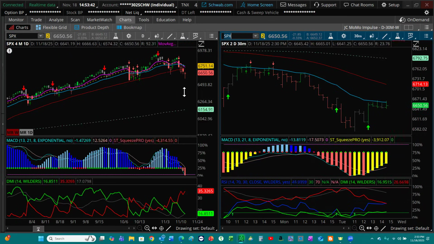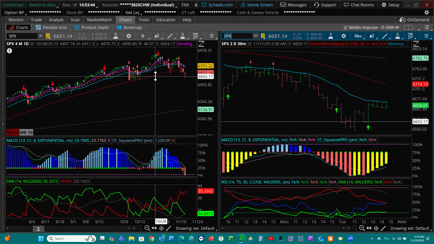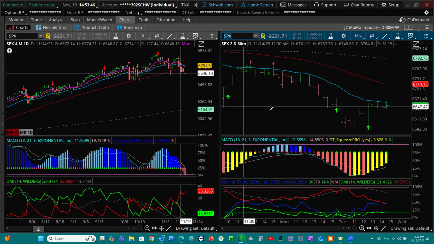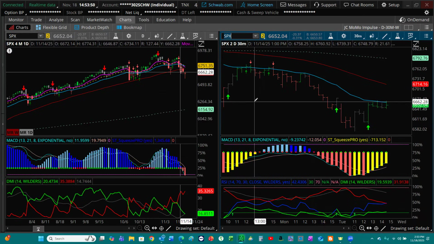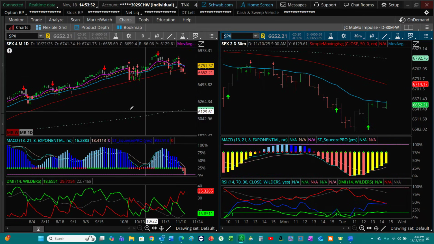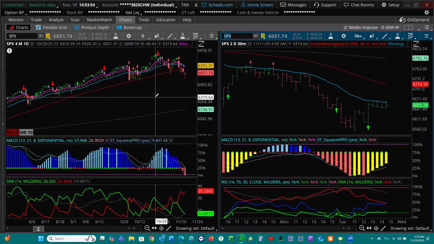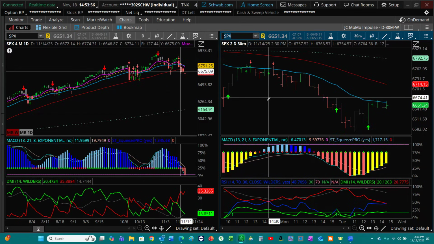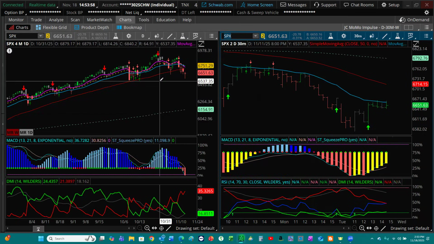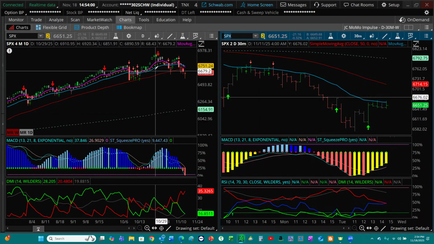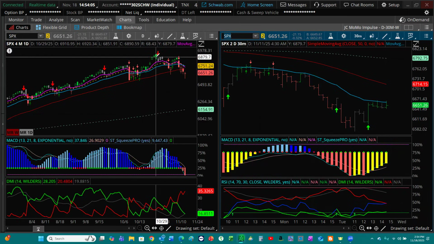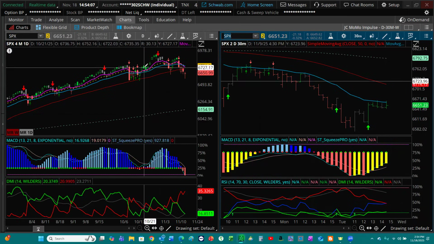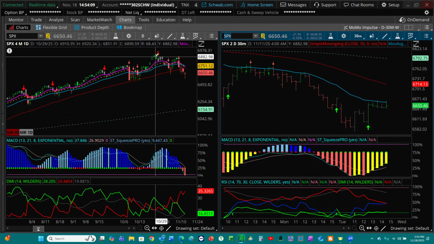The color coding on this, normally with John Carter's momentum, which is also in here by the way, but none of these have a momentum arrow on it, so you're not seeing any right now. But on the momentum chart, these green ones here, I use the impulse system rather than his momentum system.